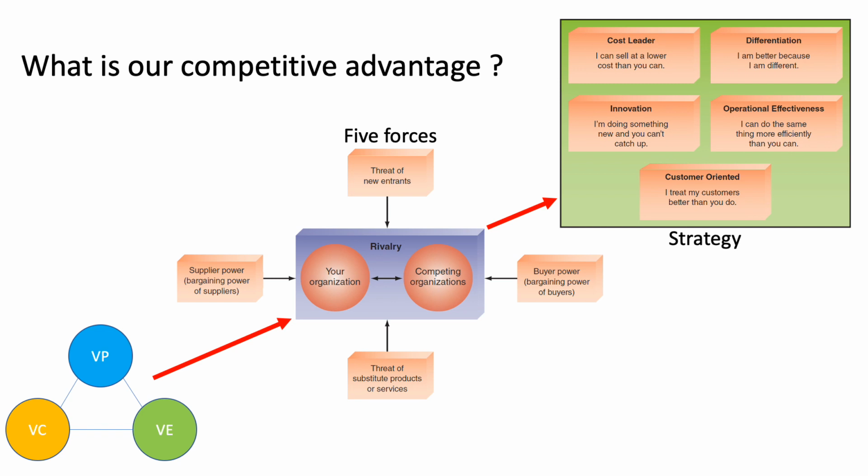And this is a model that allows us to think about how our value proposition, how our organization exists in its ecosystem, in its environment. So there's us, there's competitors that are there, and there's certain rivalry between us, right? We're trying to attract the same customers with a similar or identical or comparable value proposition.